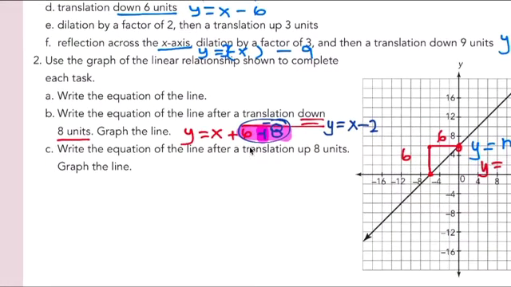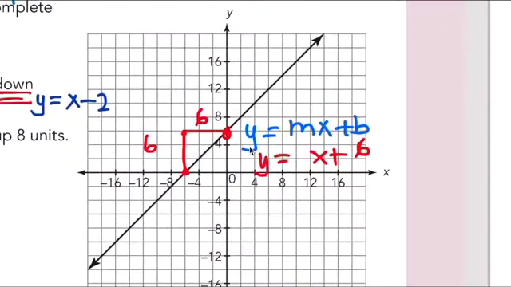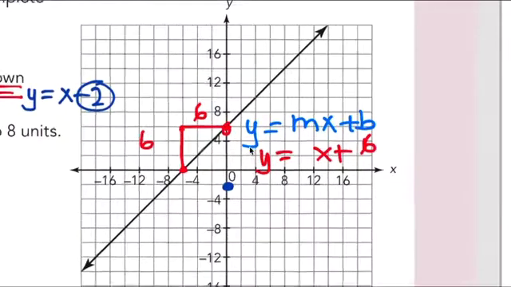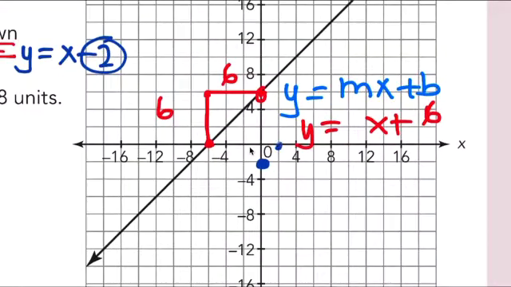So then they said graph the line. Okay, you graph this line, y equals x minus 2. You start out at the y-intercept of negative 2, and you go up 1 over 2, or you can do 2 over 2, which is the same as 1 whole.